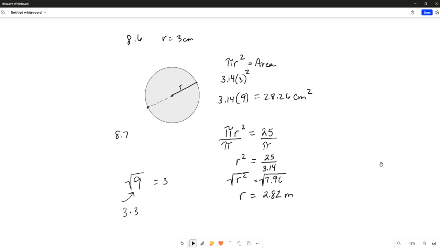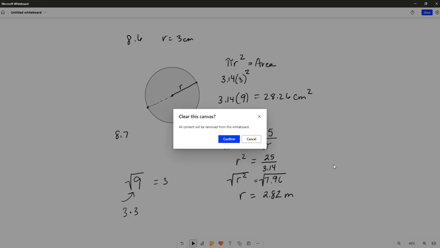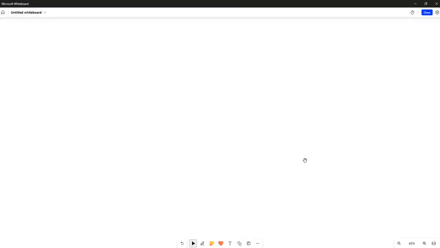Okay, let's look at example 8.8. Find the area of this figure. Lines that look parallel are parallel and dimensions are in inches. Okay, I'm going to freehand draw this.